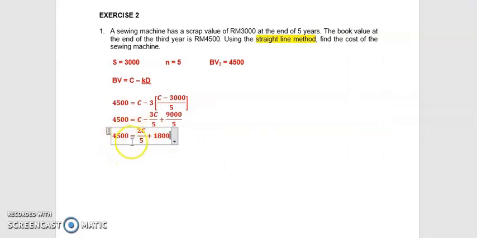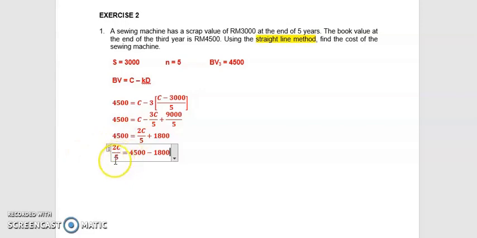Okay, now make C as the subject because we want to find C. So 2C over 5 equal to 4,500 minus 1,800. Okay, over 5.